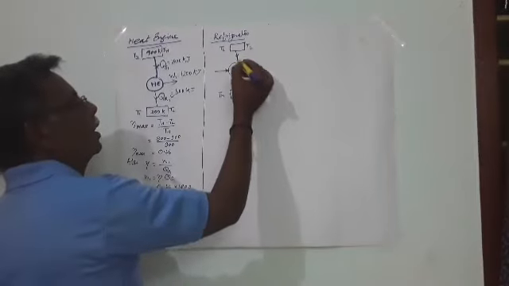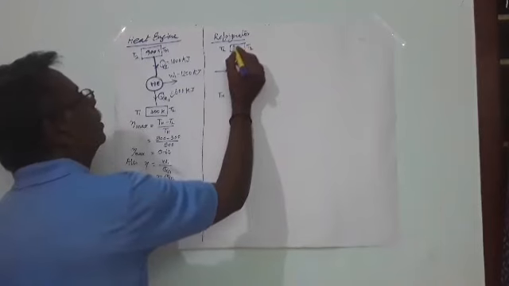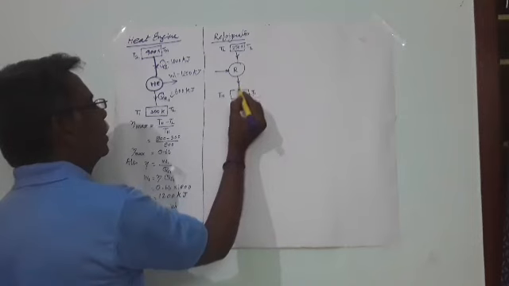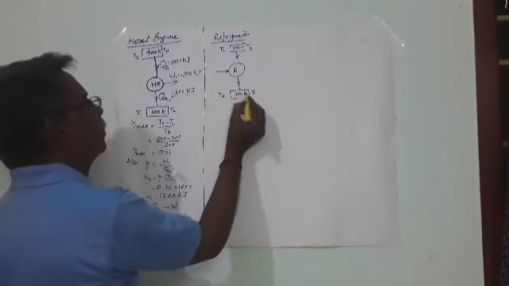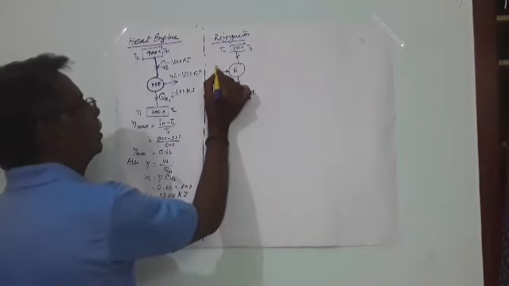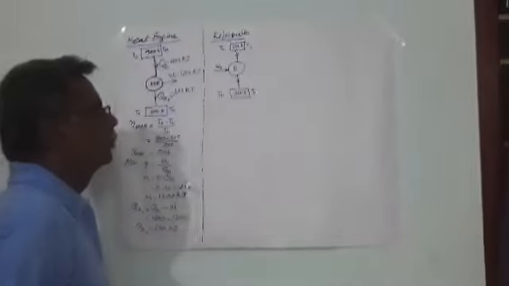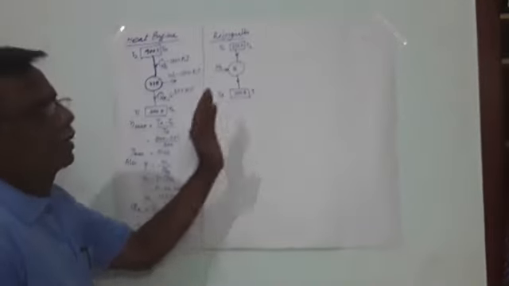Let us assume that the refrigerator operates between the temperature limits of 250 Kelvin and 300 Kelvin. Let us take the work input to the refrigerator as W2. So a heat engine is a work delivering equipment, whereas a refrigerator is a work consuming equipment.